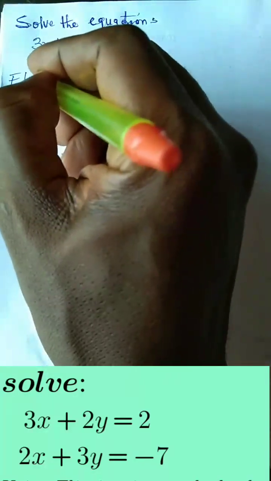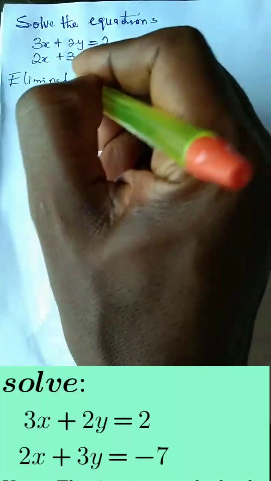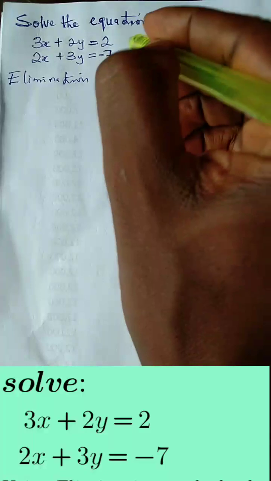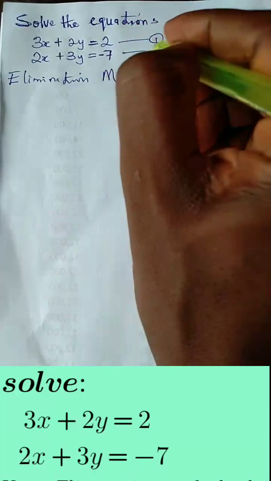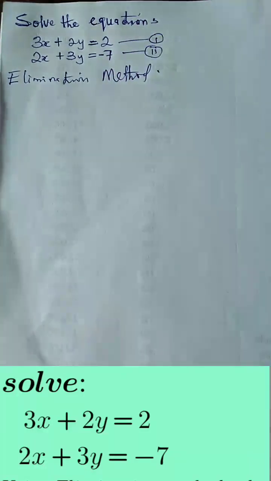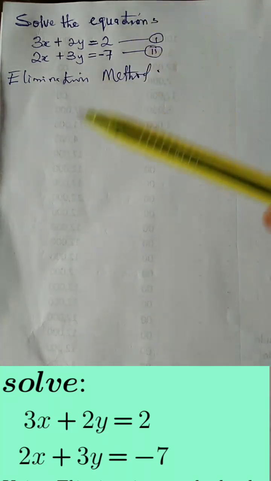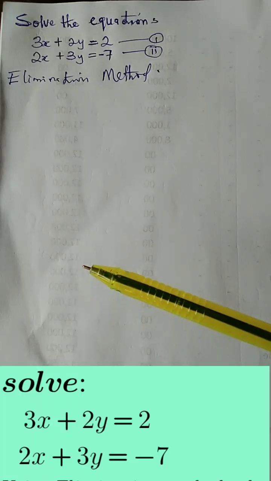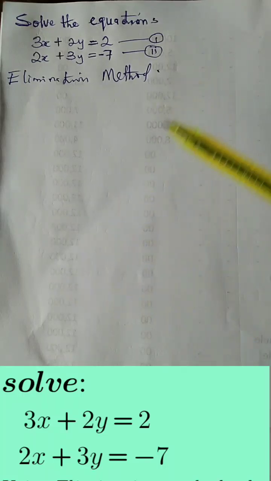So we are going to use the elimination method to solve this. Let's call this one equation 1 and this one equation 2. Now, what do we do in the elimination method? We try to make sure that one of the variables has the same coefficient in both equations, disregarding the sign.